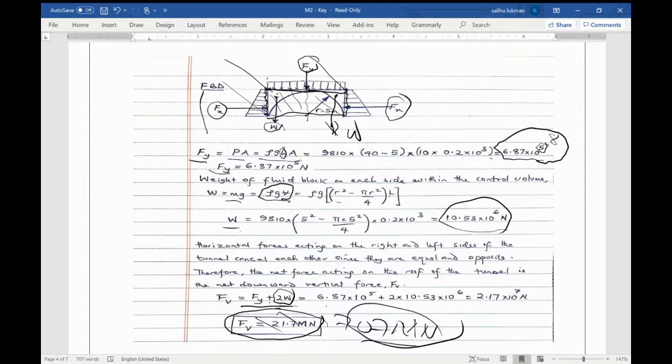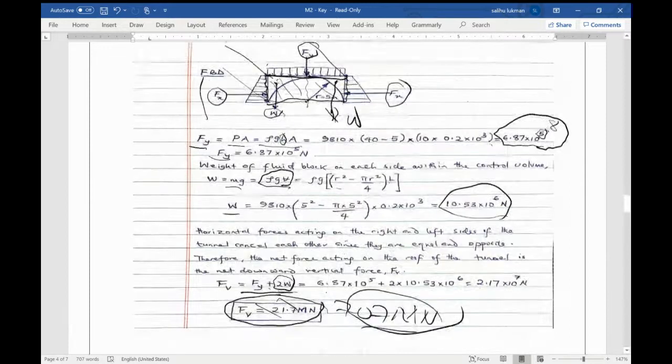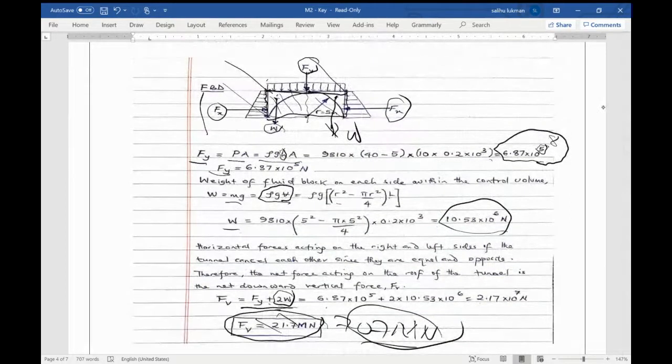So in the exam, you're supposed to put everything and get your answer. So it cannot be a bonus just because there was a mistake in the final answer, not in the steps. All the steps are correct. Nothing is wrong with the steps, only in this power, the power of 5 is supposed to be power of 8.